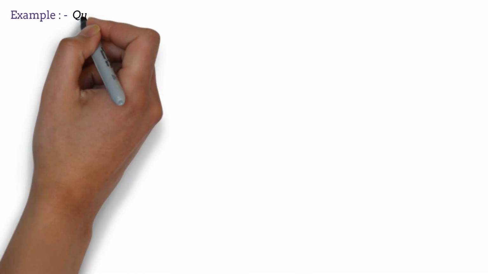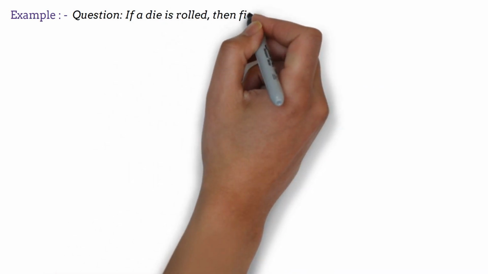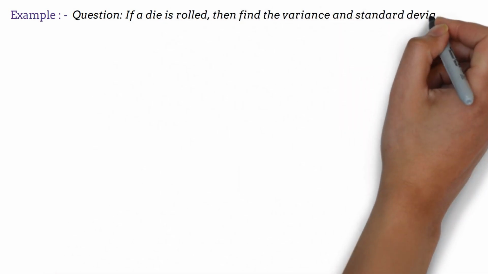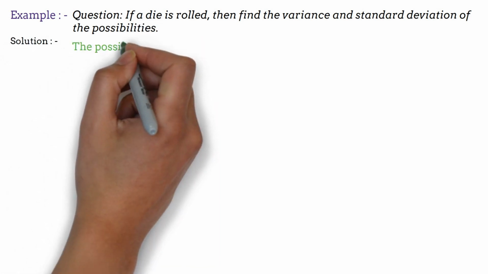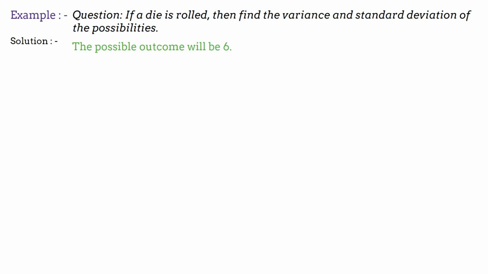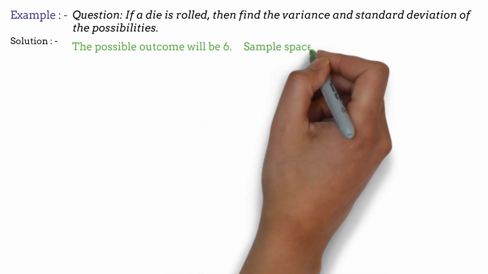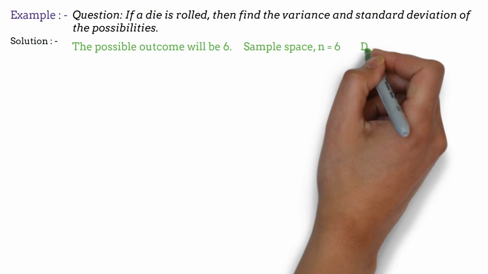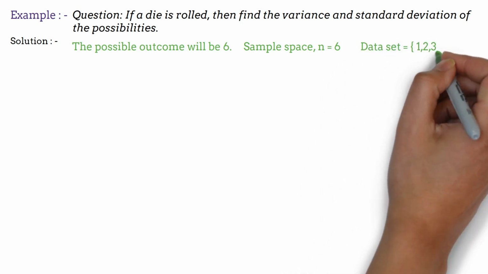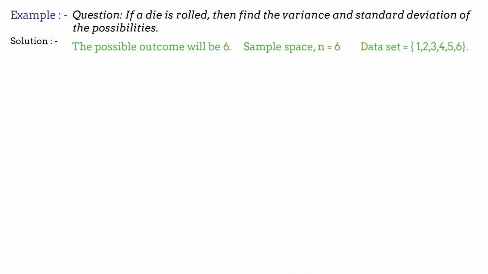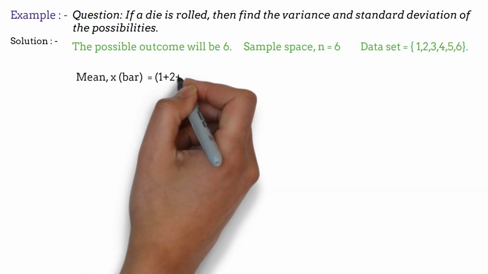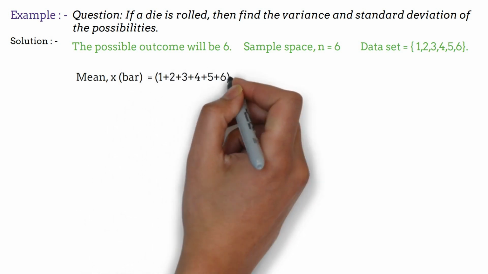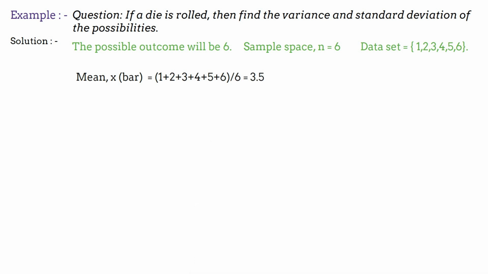Example: if a die is rolled, and we want to find the variance and the standard deviation of the possibilities, the solution is we find the possible outcomes are 6. So the n becomes 6 and the data set would be 1, 2, 3, 4, 5, 6. To find the variance, firstly, we need to calculate the mean of the data set, which is 1 plus 2 plus 3 plus 4 plus 5 plus 6 whole divided by 6, which is 3.5.